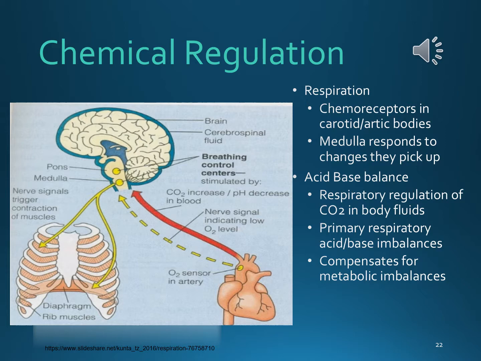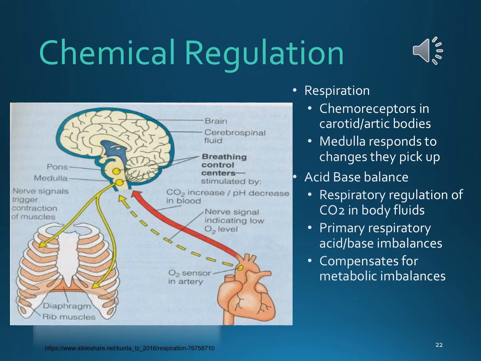The respiratory regulation of carbon dioxide in the body fluids is a big part of acid-base balance. And there are primary respiratory acid-base imbalances, respiratory alkalosis and acidosis, and these are things that we talked about in a previous chapter in acid-base balance.